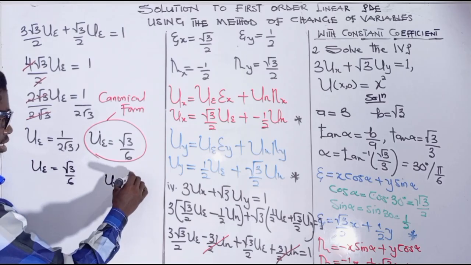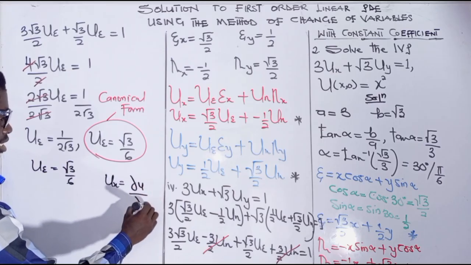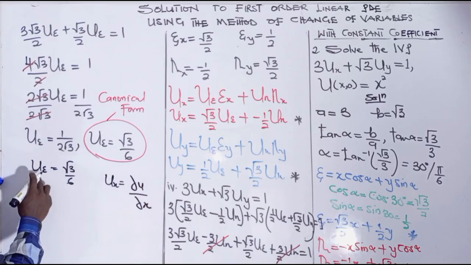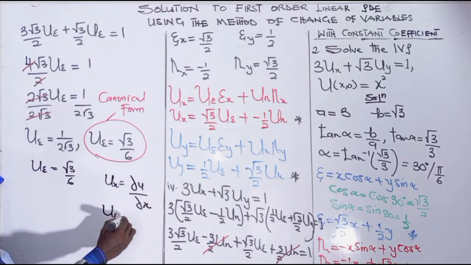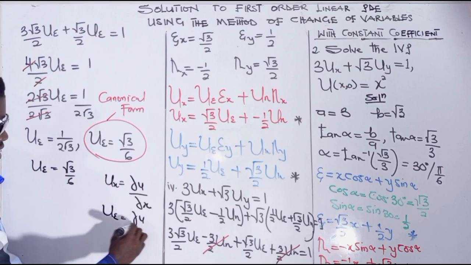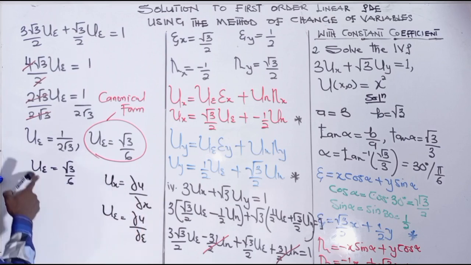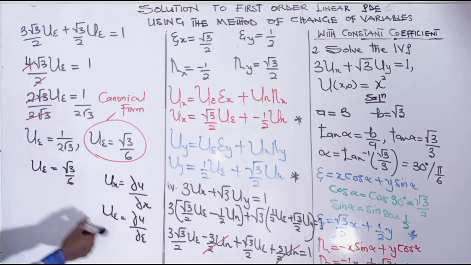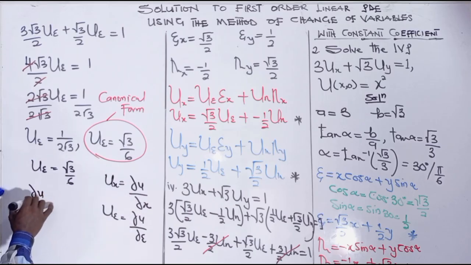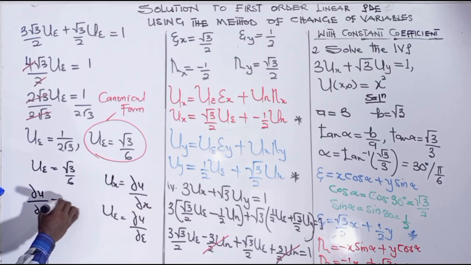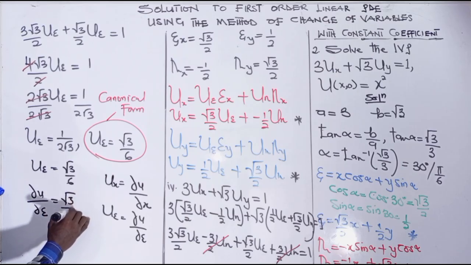We can write it as del u, del x. If that is the case, when you have u xi, we can write it as del u, del xi. So we have del u, del xi is equal to root 3 all over 6.